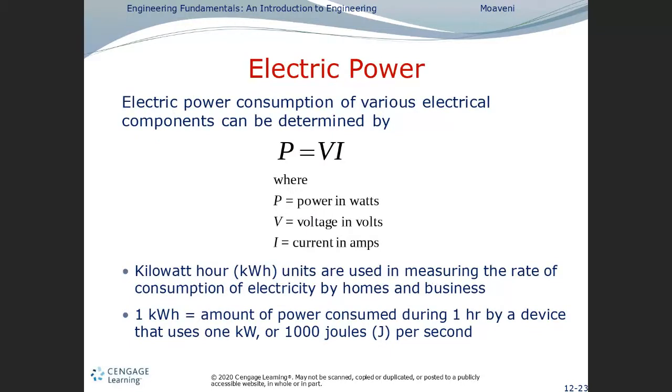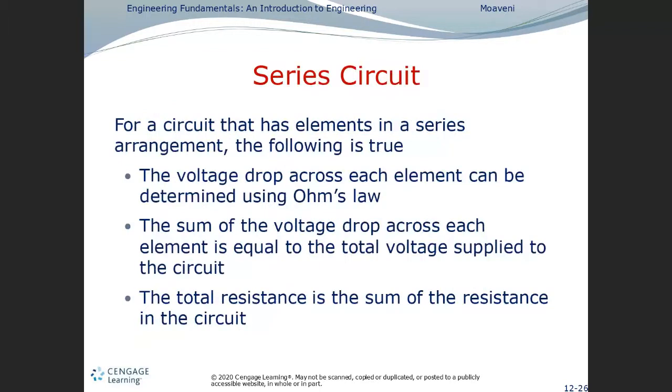So I want to talk about this sort of circuit, a series circuit, right? For a circuit that has elements in series, the following is true. The voltage drop across each element can be determined using Ohm's law. Also, the sum of the voltage drops across each element is equal to the total voltage supplied to the circuit.